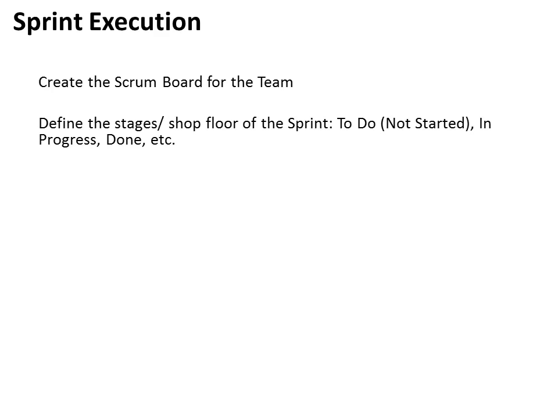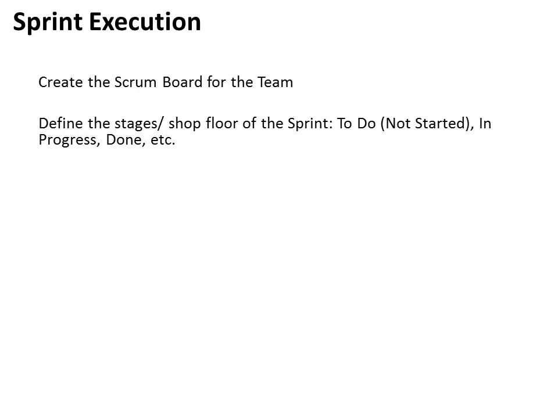The different lanes in the Scrum board need to be defined, like to do, in progress, done. There might be other lanes added appropriately, like testing or design, depending on the team and how they want to go about it. But generally, at least the basics would be to do, in progress, and done.